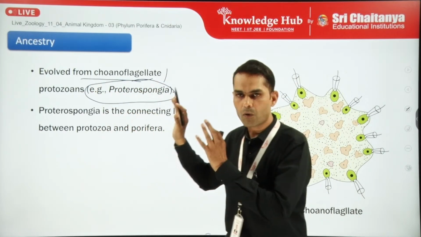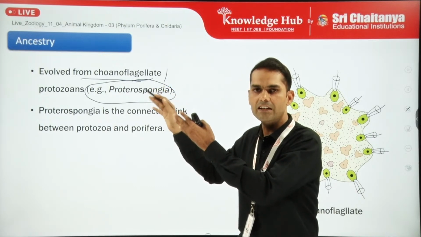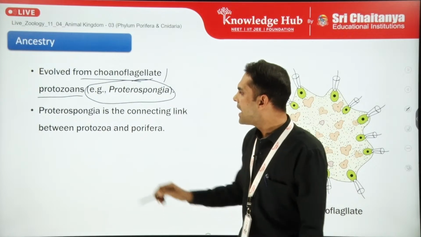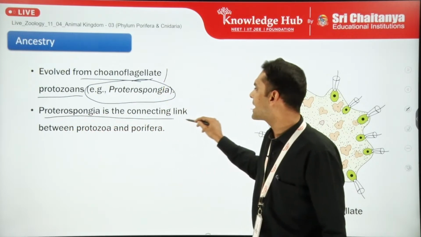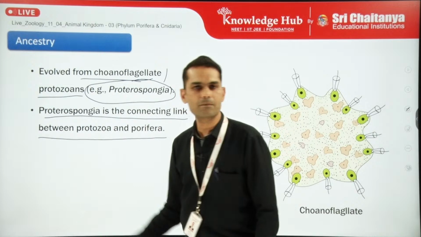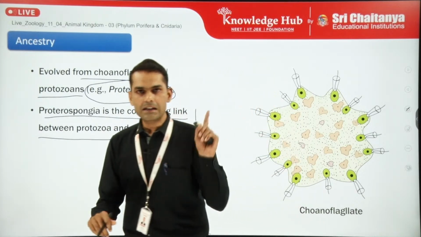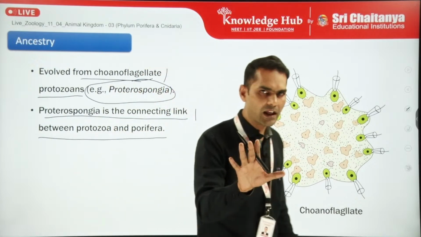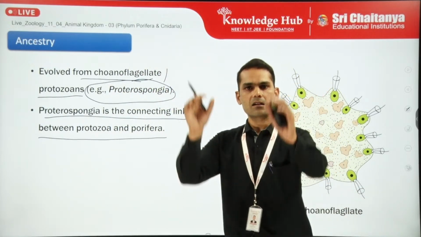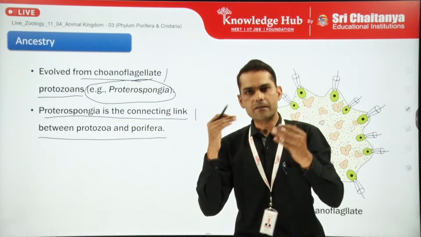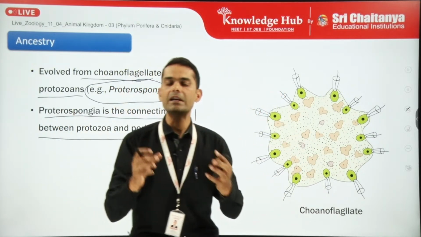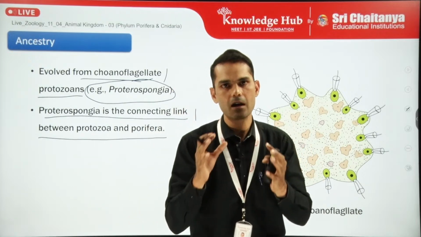If you look at the cell of the Proterospongia, it is a unicellular eukaryote and it evolved from coenoflagellate. That means Proterospongia is a coenoflagellate protozoan. It is a unicellular eukaryote, and Proterospongia is the connecting link between protozoa and Porifera. Why? In the earlier session, we have studied that Porifera is a cellular aggregate, correct? And all the cells, although they behave independently, have some sort of coordination and some sort of division of labor among them.